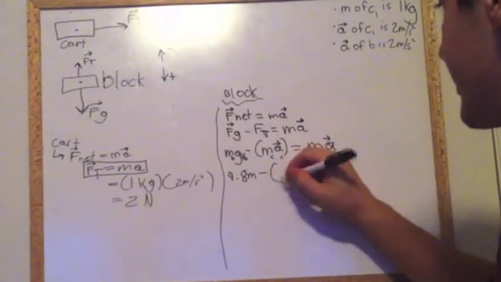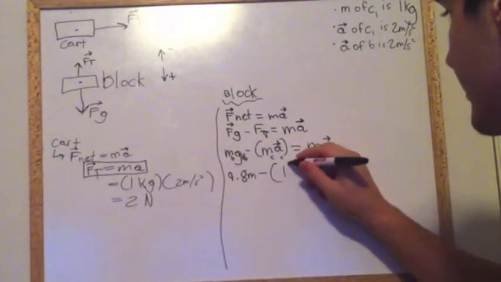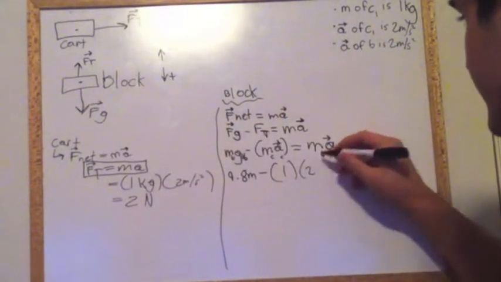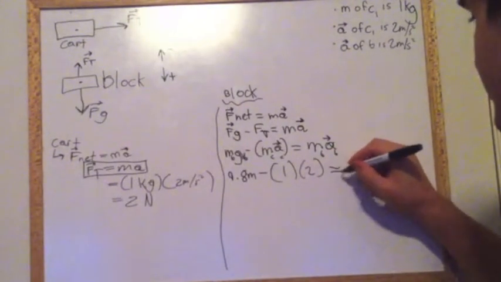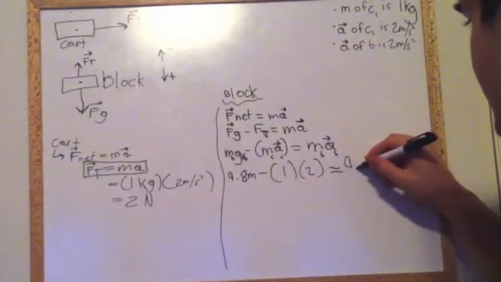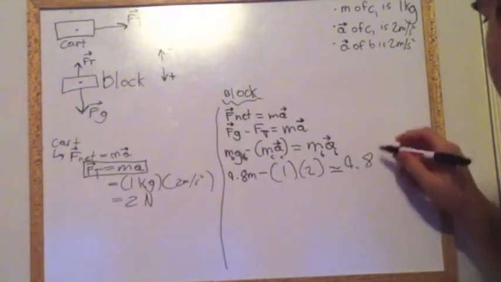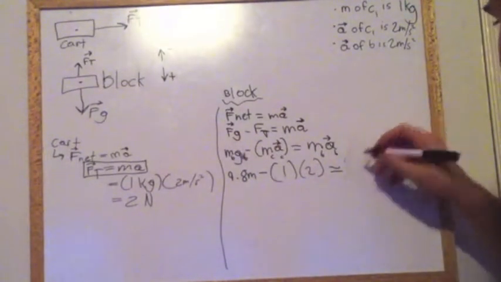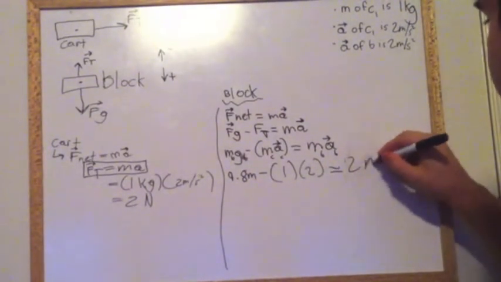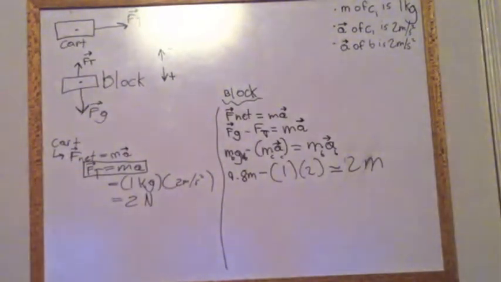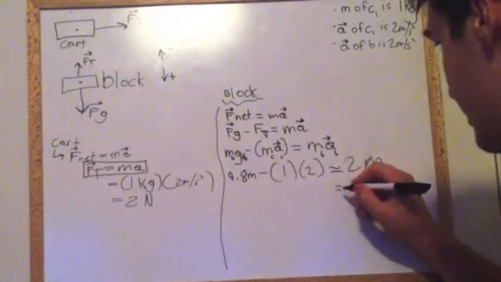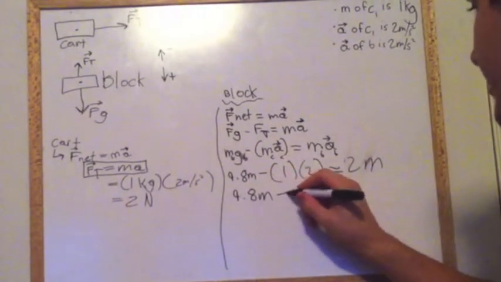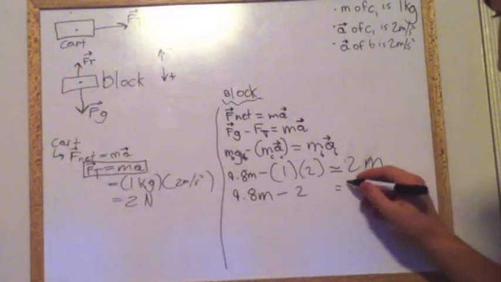We know that m is 1 of the block, and the acceleration is 2, equals 9.8 m minus 2 equals 2m.